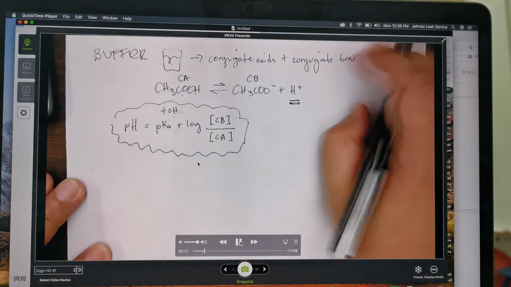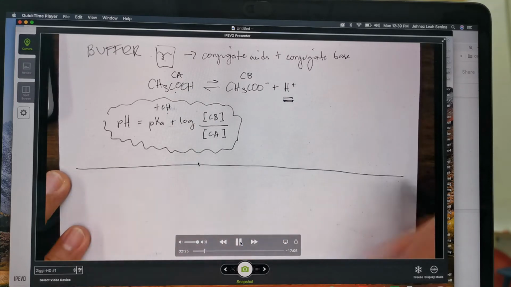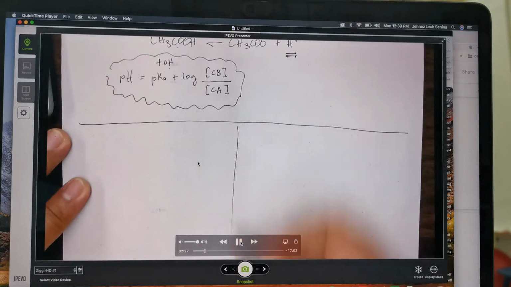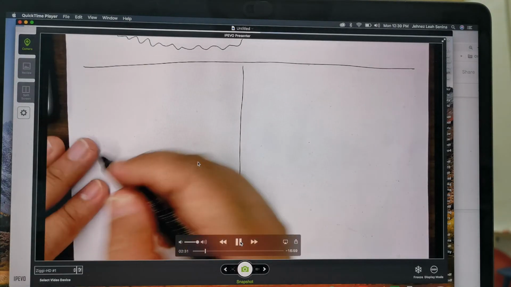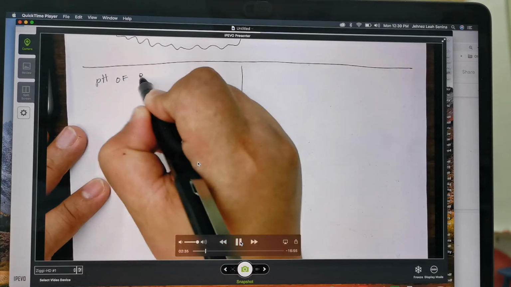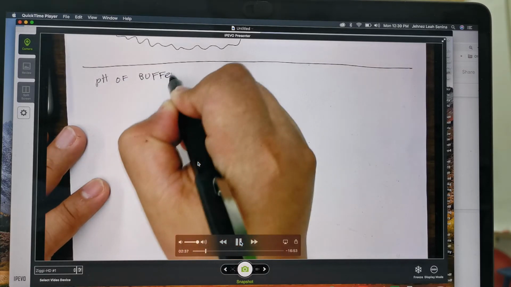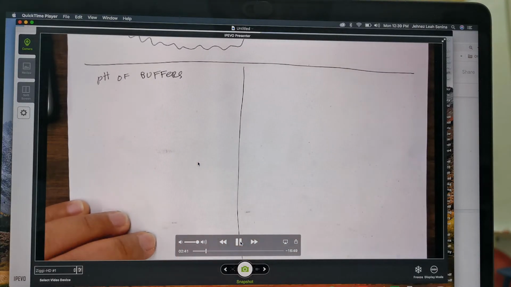Now, there's two important calculations you need to know. Okay, so divide this into two. First is how do you calculate the pH of buffers? The problem will tell you, like you're making a buffer, for example, and then what is the pH of that buffer that you're making?